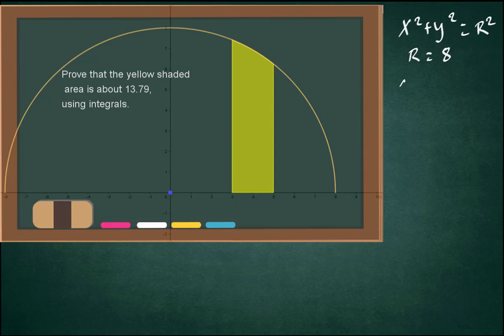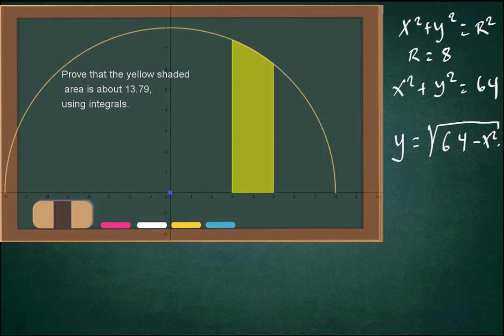With r equal to 8, we get x squared plus y squared is equal to 64, and we can pull y because this is what we are going to find out, the integral of y over a variation of dx, a small element. So y is equal to the square root of 64 minus x squared, and we'll be interested in that.